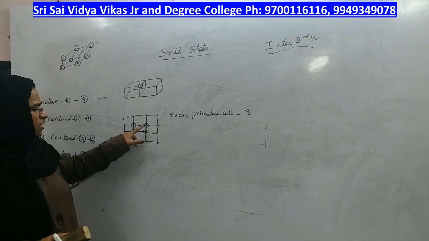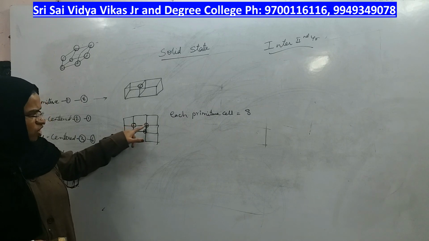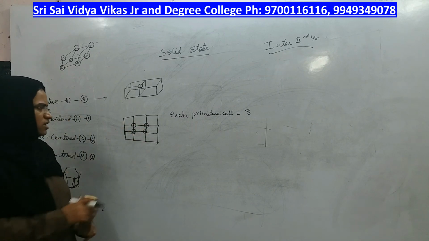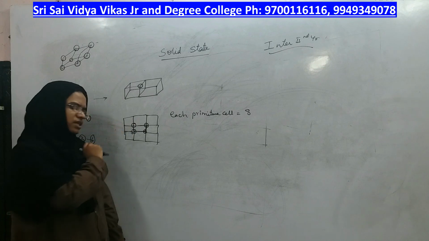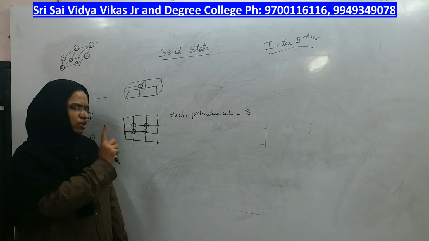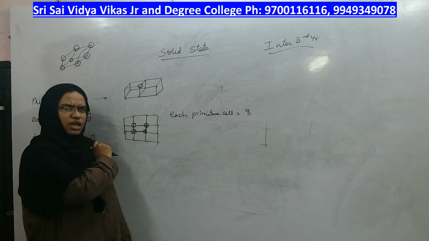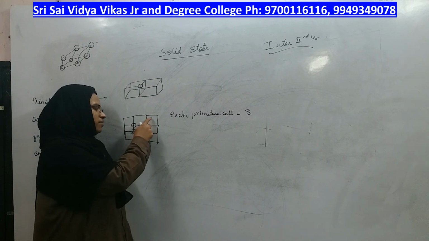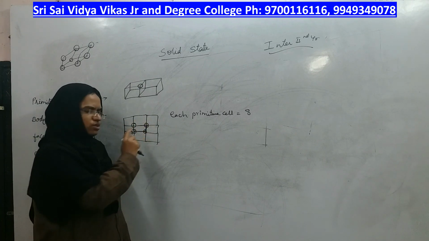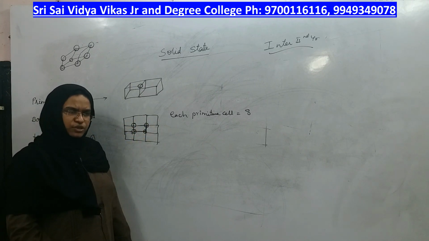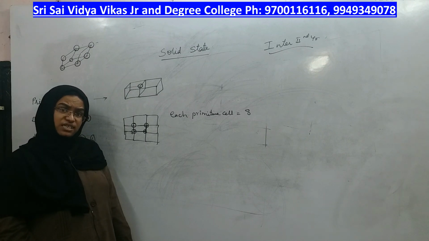But when you look at the corner, you observe the atom which I kept in the corner. Is it belonging to only one unit cell, or is it shared by all the neighboring unit cells also? The neighboring unit cells also share the same atom, right?